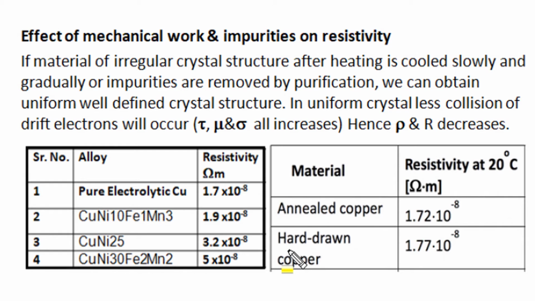To increase mechanical hardness and strength, we perform hardening operation or add impurity in pure metal. Many a times impurity is also added to reduce cost of material.